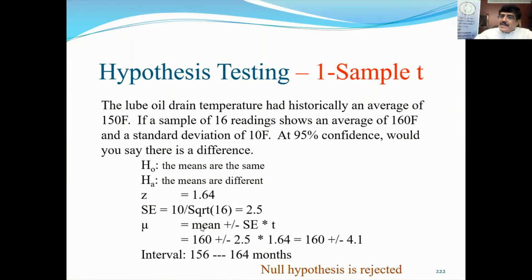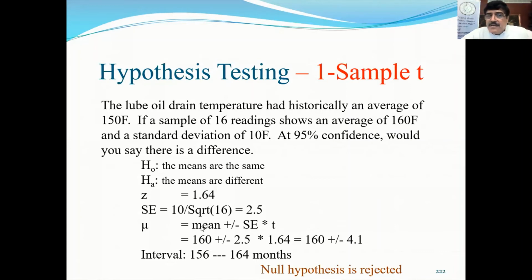Now we take a new sample, let's say 16 readings, and we calculate a new average of 160 with a standard deviation of 10 degrees. We know how to calculate the average and the standard deviation. And now the question is, at 95% confidence, would you say that there is a difference?